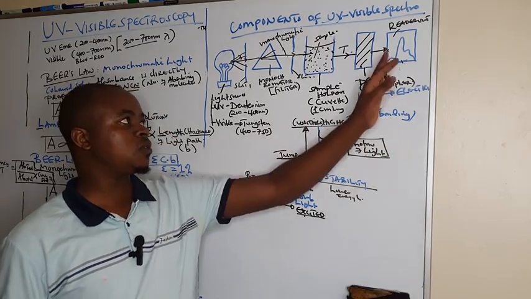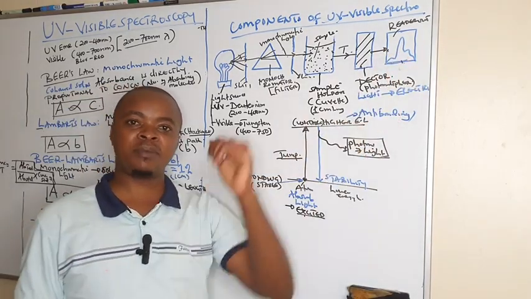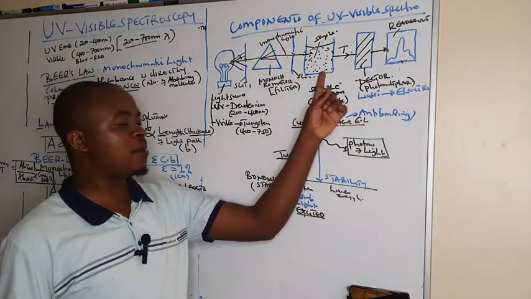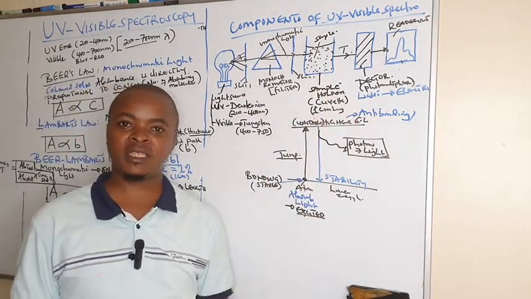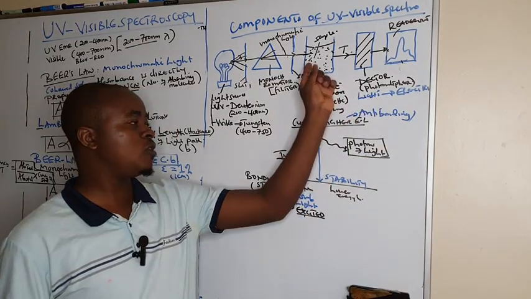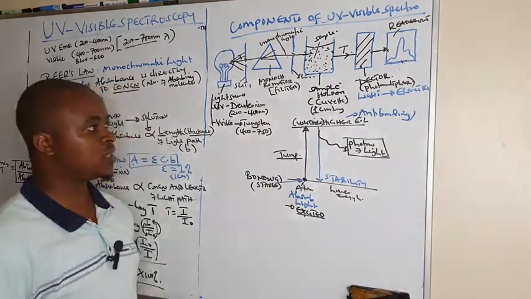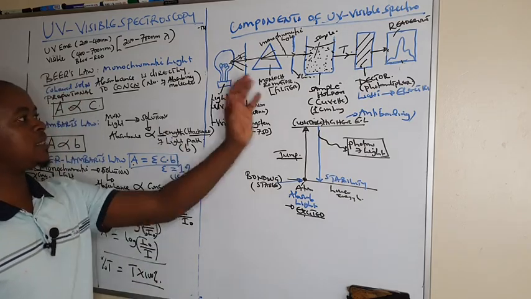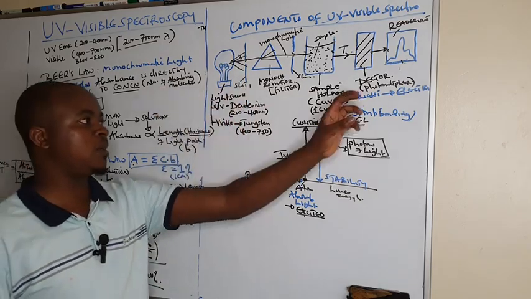The signals or readout displayed depend on the number of molecules and the length of the light path, and it is directly proportional to the number of molecules within the sample. So these are the components and at the same time the principle.